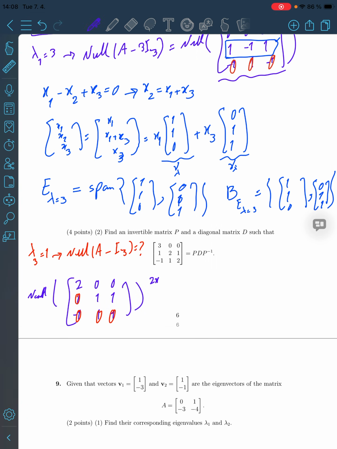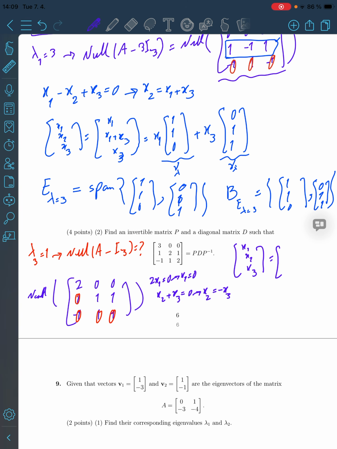So 2x1 is equal to 0. This implies that x1 is equal to 0, and then x2 plus x3 is equal to 0. Therefore, this implies that x2 is equal to negative x3. So now, okay, therefore my solution is going to be x1, x2, x3.